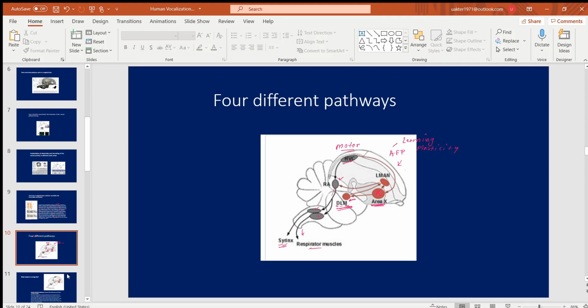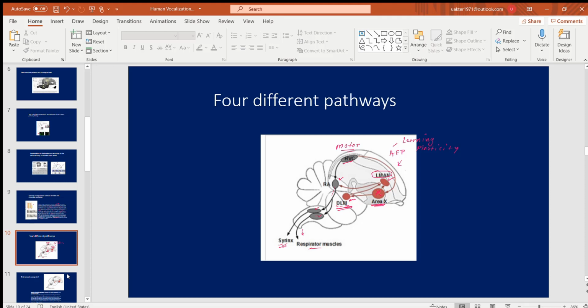Okay, and another structure in this pathway is L-man, the lateral subdivision of the magnocellular nucleus of the anterior nidopallium. So anterior nidopallium. Okay, I'm repeating again, L-man indicates the lateral subdivision of the magnocellular nucleus of the anterior nidopallium.